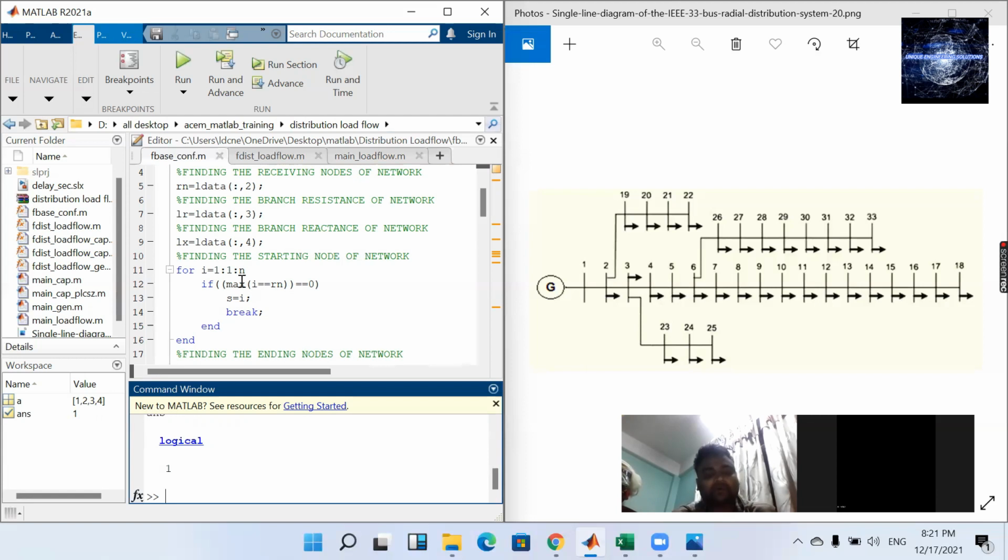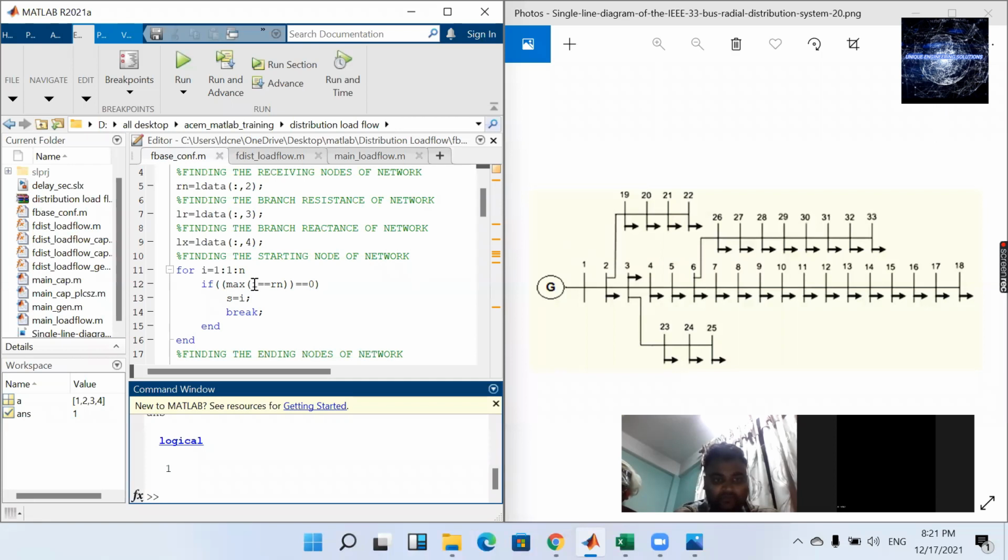If the maximum of i equals Rn is equal to 0, that is possible only when nothing in Rn corresponds, that is, that i which does not belong to Rn.